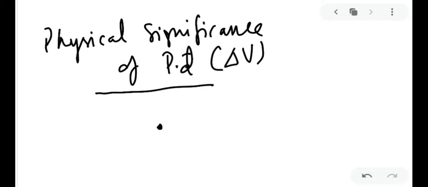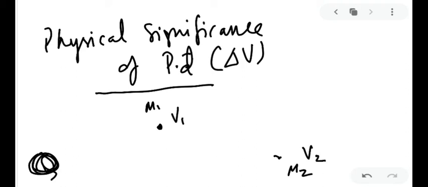You had a certain charge configuration, and you had two points, say M1 and another point M2. Here the potential was V1, and here the potential was V2. What do V1 and V2 actually individually mean? V1 is the amount of energy required to bring a unit charge from infinity to that point.